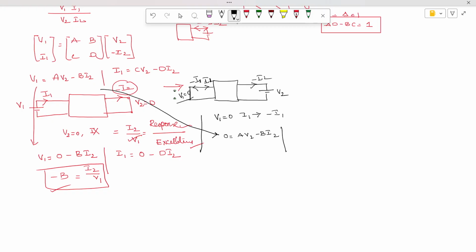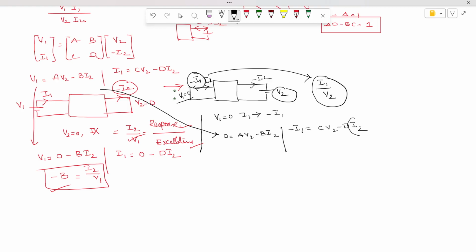The next equation is minus I1 is equal to C into V2 minus D into I2. This is the excitation and this is the response. We need the ratio of response I1 to excitation V2, which is I1 by V2.